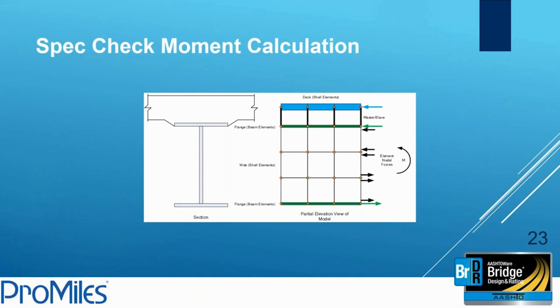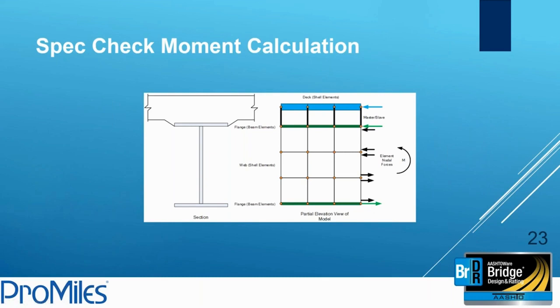So this schematic shows how we transform from a 3D moment to a 2D moment, where the forces from all the components of the cross section are taken, and the moment is taken about a point of the cross section to generate the moment for a 2D analysis.